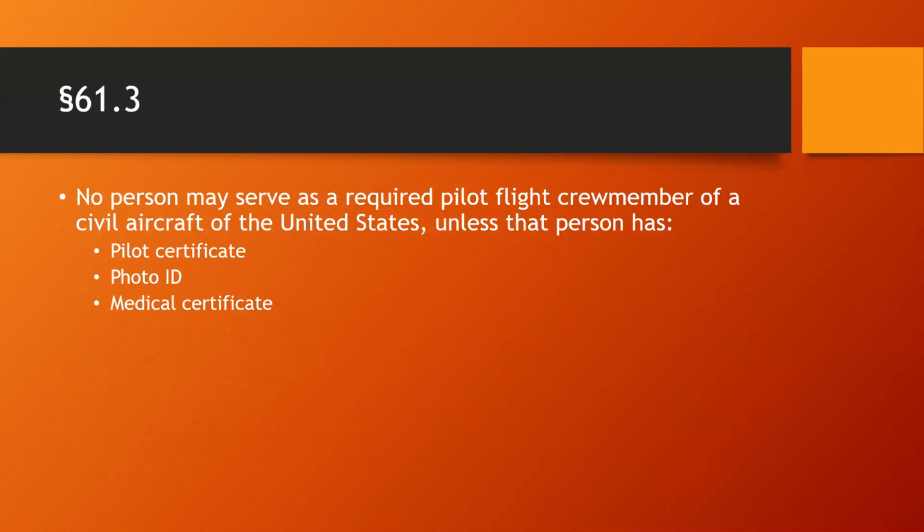So you need to have something that proves that you are the person who's eligible to operate that pilot certificate. And you also need a medical certificate. This is issued by an FAA medical examiner, and there are a few different types of medical certificates, but we'll get into those later in the regulations.